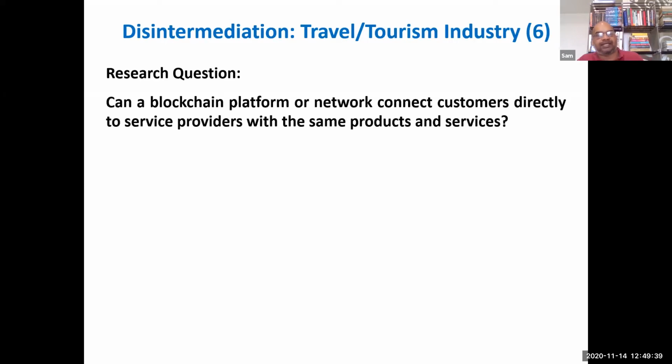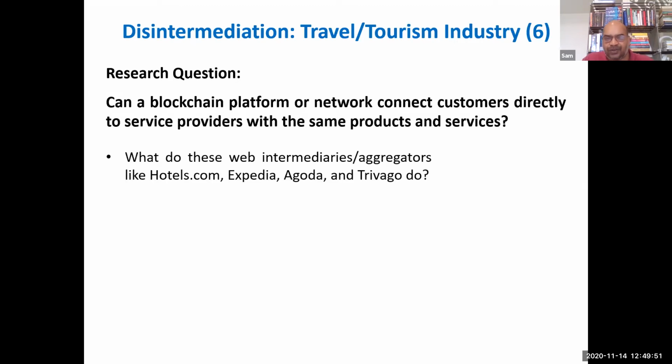It can also be applied to disintermediation. Therefore, the question is, can a blockchain platform or network connect customers directly to service providers with the same products or services? At the moment we have intermediaries or aggregators like hotels.com, Expedia, Agoda, Trivago.